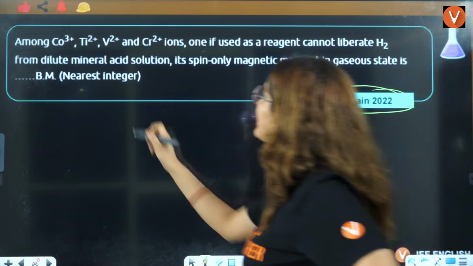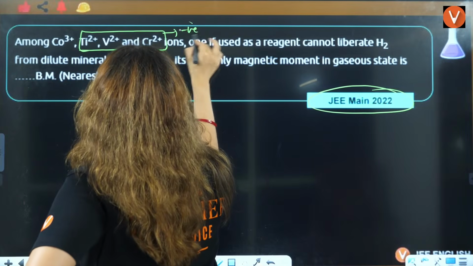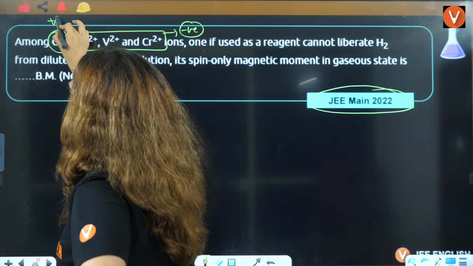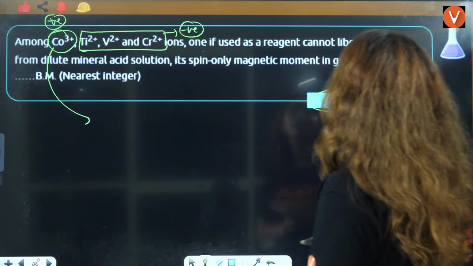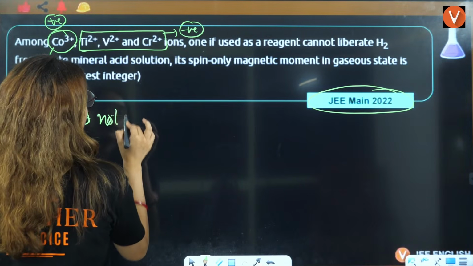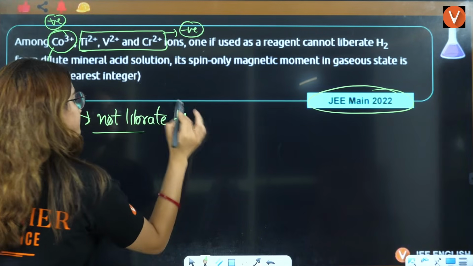We know that titanium, vanadium, and chromium have negative values as compared to this. Cobalt is having a positive value. So cobalt will not be able to liberate H2, because it is having a positive value, right?